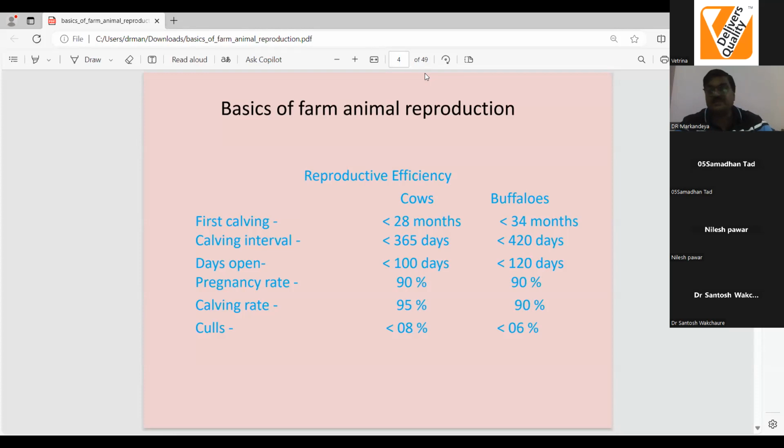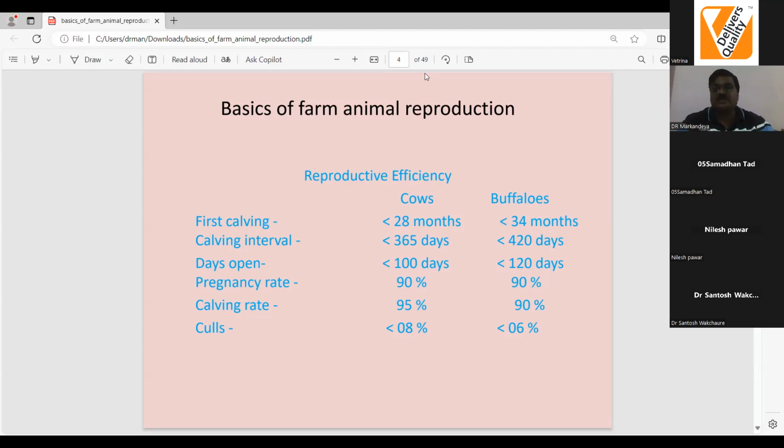Calving rate of the pregnant: 95% of cows should carry the pregnancy to term, meaning calving should be 95%. In buffaloes, problems are more, and many buffaloes have gestational problems, so at least 90% calving is expected.